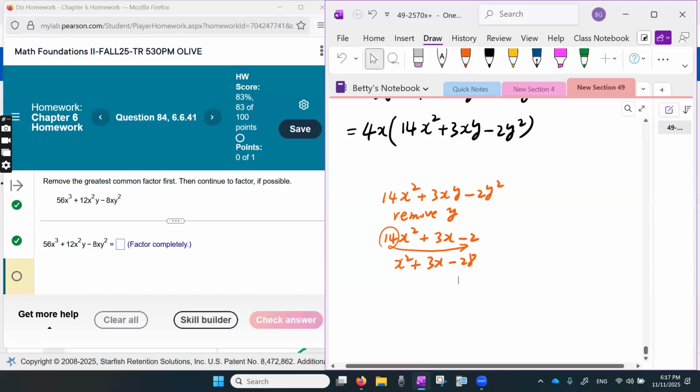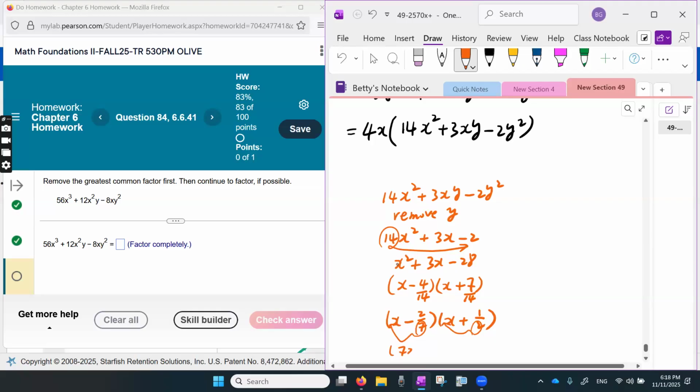And that can be factored as x minus 4 times x plus 7. Negative 4 and positive 7 multiply to -28 and add up to 3. Divided by 14, simplify: x minus 2 over 7, x plus 1/2. Slide it back, slide it back.